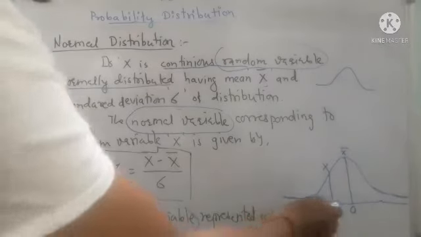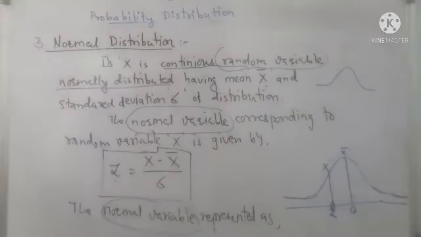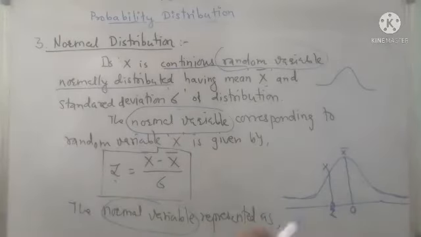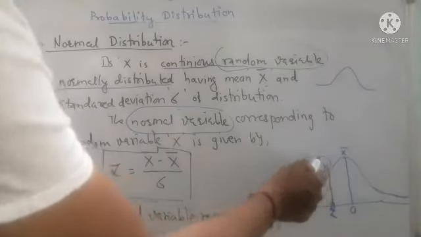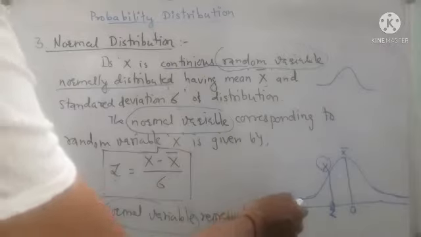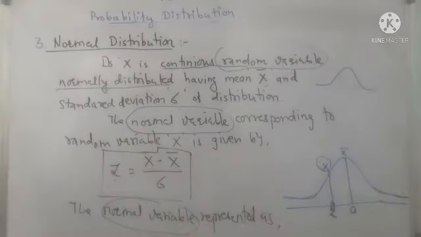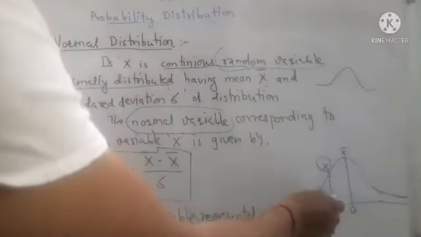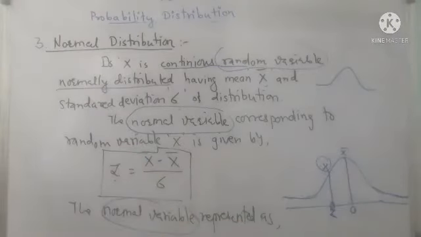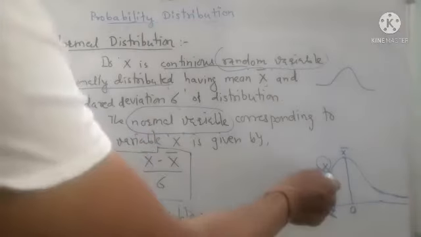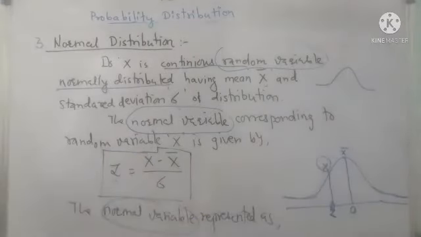The horizontal line is the normal axis, on which we have the normal variable z. For x, a value on this bell shaped curve, we get the corresponding value of z on the normal axis by dropping a perpendicular onto it.